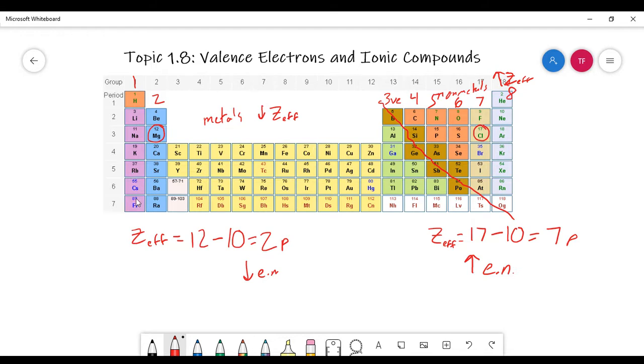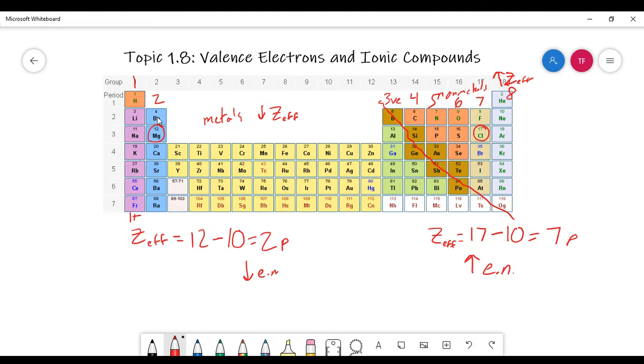So all these elements tend to lose 1 valence electron, and when they do that, they form the cation with a 1 positive charge. And because they do form the same charge, they tend to react very similarly to one another. So potassium reacts in a very similar manner that cesium reacts, or that lithium reacts.